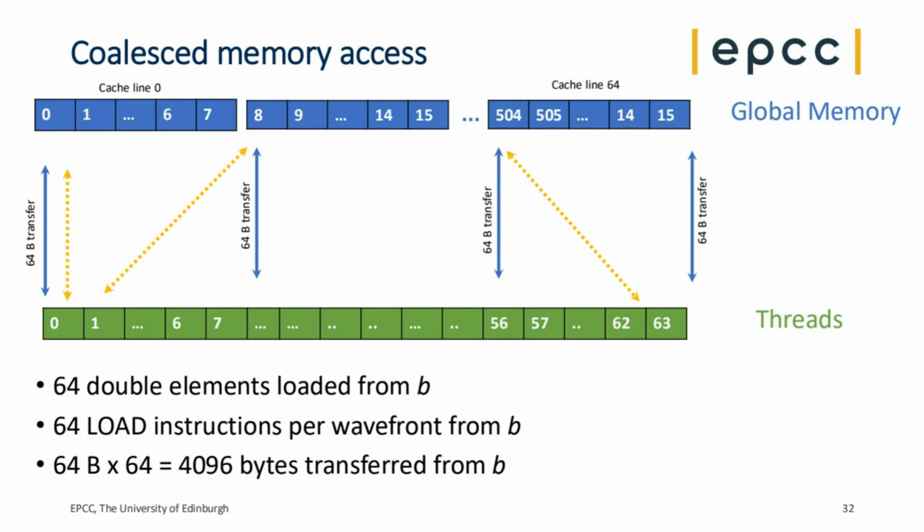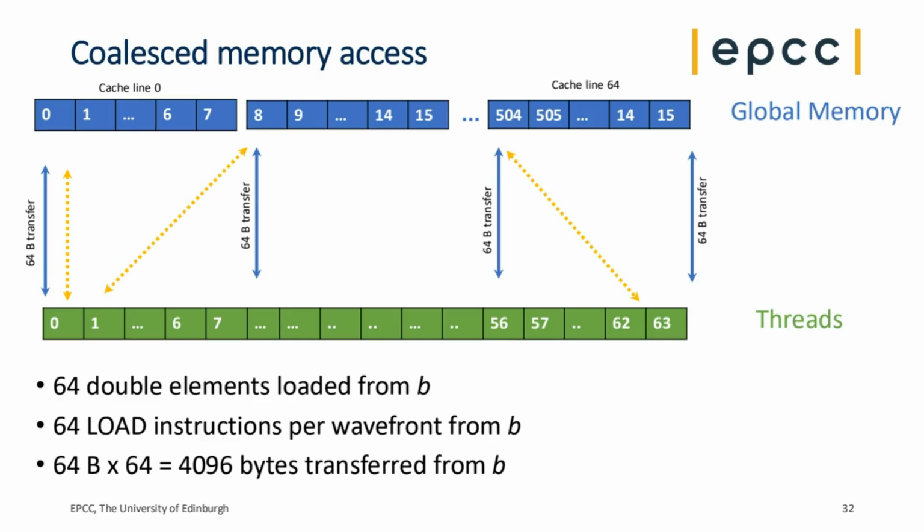For each thread in this wavefront in green, it's going to have to read the memory on one cache line and then skip 8 bytes or so to get to the next assignment. So now you would have to do 64 load instructions per wavefront to get the data from B. And 64 times 64 means it's now 4,000 or so bytes being transferred. Having that strided access has increased the amount of bytes that need to be moved around in memory.